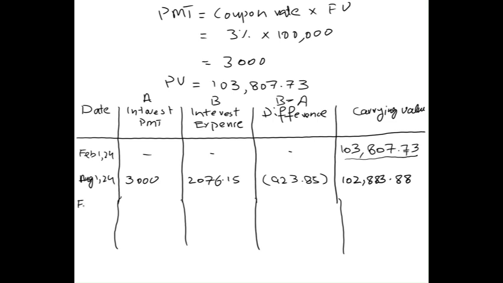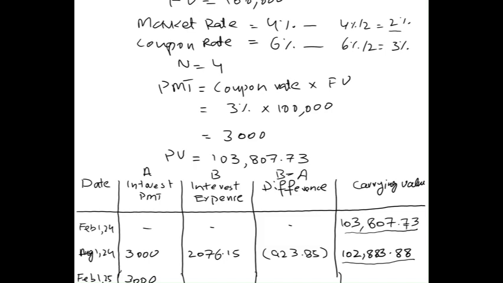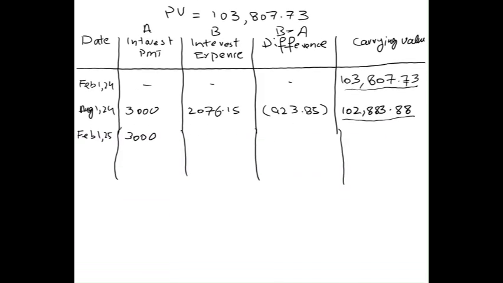Next payment will be on February 1st, 25. This again, 3,000, like I said, never changes. Interest expense, now this carrying value, again, times the market rate, which is this one, 2%. So this will come out to be $2,057.68.